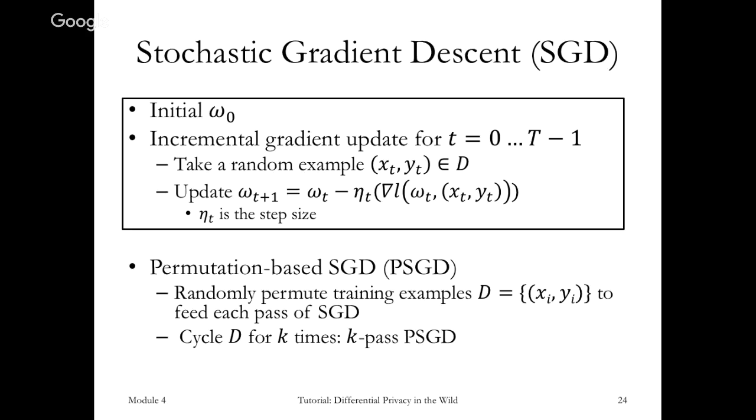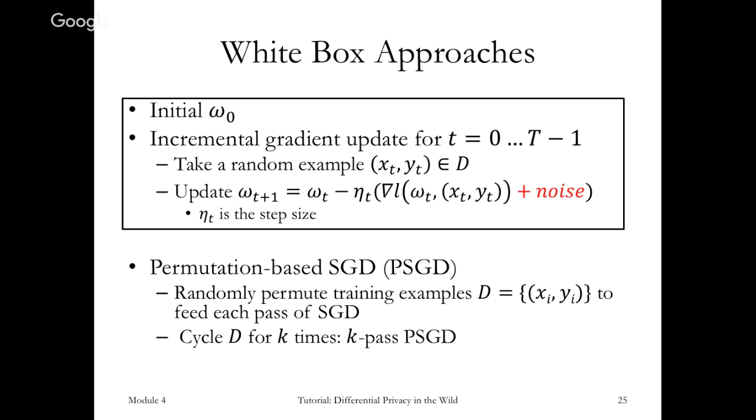So how do we make these techniques differentially private? Similarly, you can add noise to the solution at every iteration. This is a white box approach, because you actually modify the code of SGD. And what is the privacy guarantee for this approach?